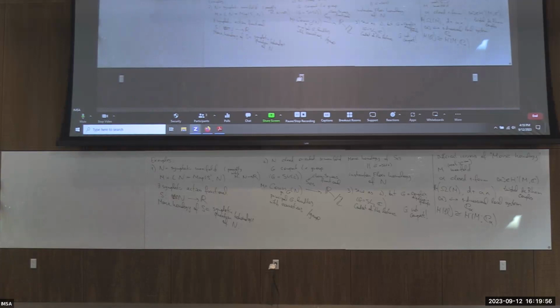Okay, so now let's look at variants of this where we deform alpha. There's the following nice result.